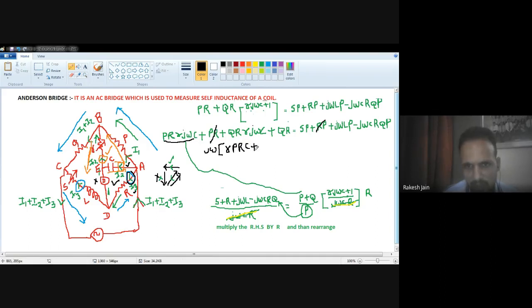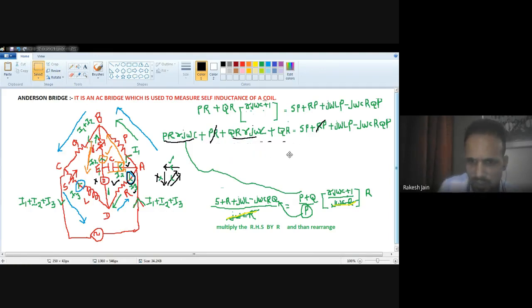And from this line, when j omega is outside, then capital Q, capital R, small r and C will be common. So if I take the whole r, C and capital R, then P plus Q will be remaining.